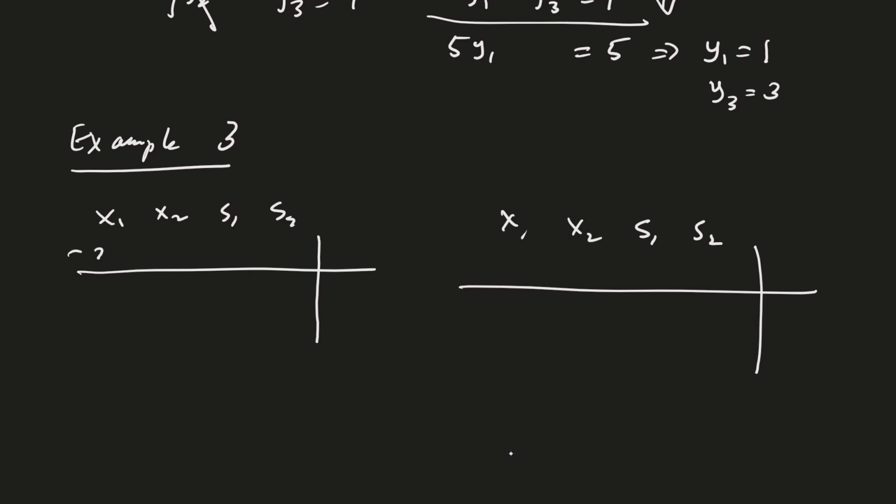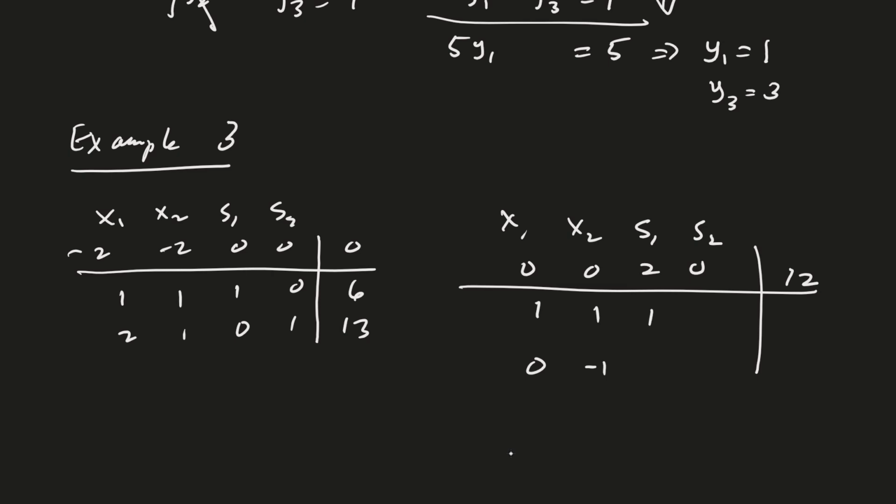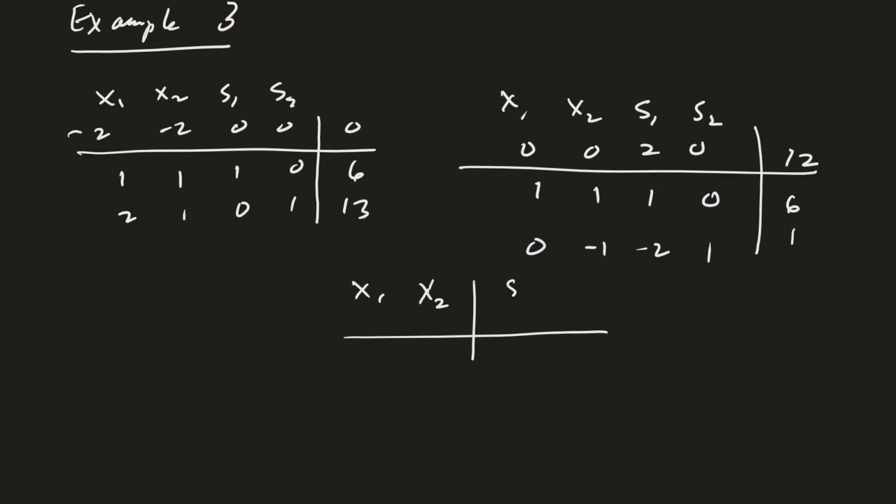Good, and over here it will be minus 2, 0, 0, 0, 0, 0, 0, 2, 0, 12, 1, 2, 1, 1, 1, 0, 0, 1, 6, 13, 1, 0, 1, minus 1, 1, minus 2, 0, 1, 6, 1. Okay. And so what I want to do is I want to solve the dual. I want to give the full solution in this case. So I want to give solutions to all the variables, E1, E2, and Y1 and Y2.